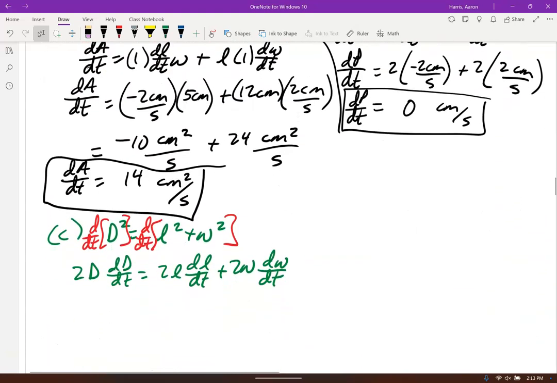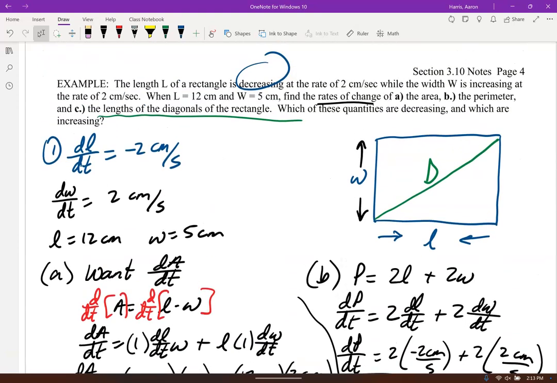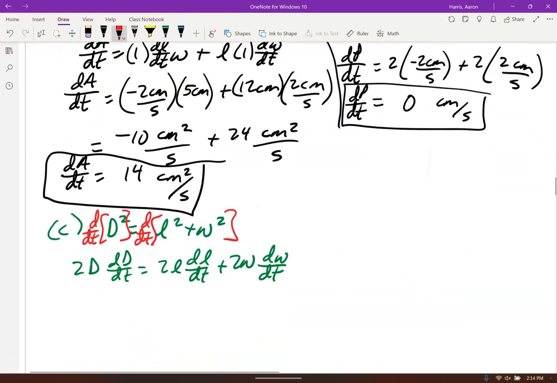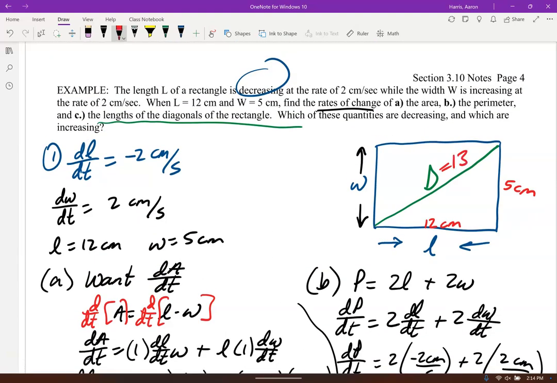And let's start filling in. Now, what is my diagonal at the moment? If my length is 12 centimeters and my width is 5 centimeters, I would solve for my diagonal with the Pythagorean theorem. D squared equals 12 squared plus 5 squared. So D ends up being 13 centimeters. That's the diagonal right here, 13.